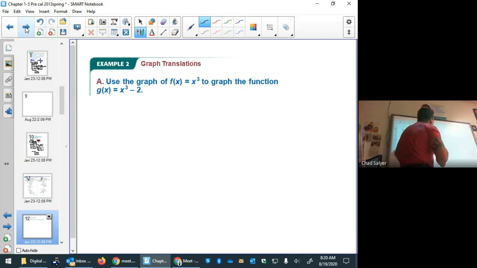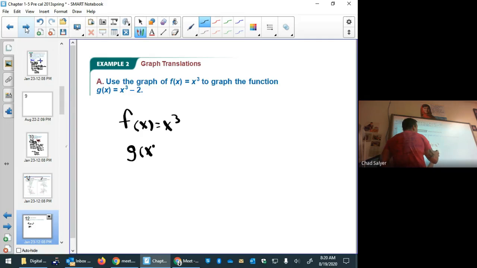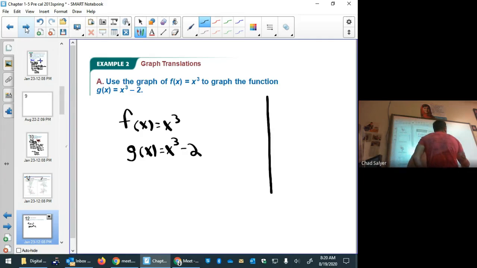So let's use the graph of f of x equals x cubed to graph x cubed minus 2. So f of x equals x cubed and g of x equals x cubed minus 2. So first of all, x cubed, that parent graph.